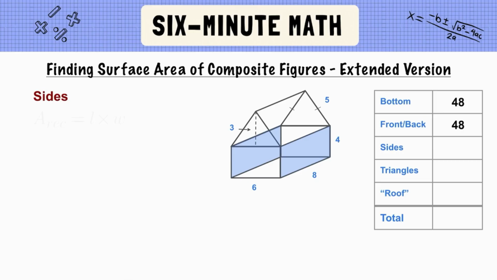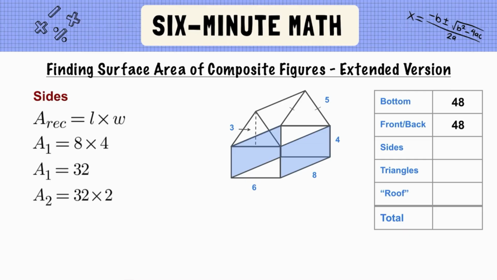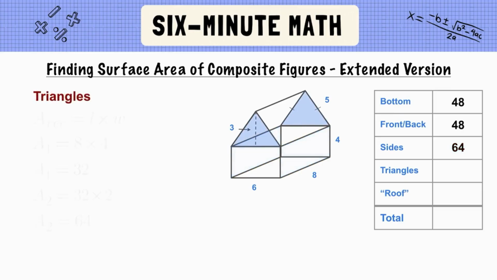I'm now going to do the sides. These again are rectangles. One of those rectangles is 8 times 4. So one side is 32. There are 2 sides, so both of them together would be 64. On to the triangles.